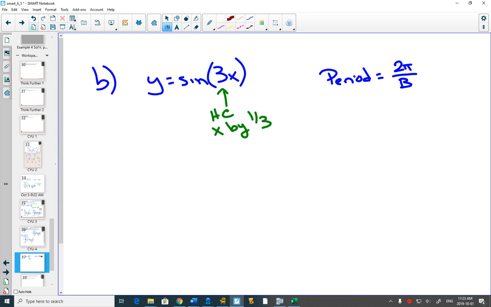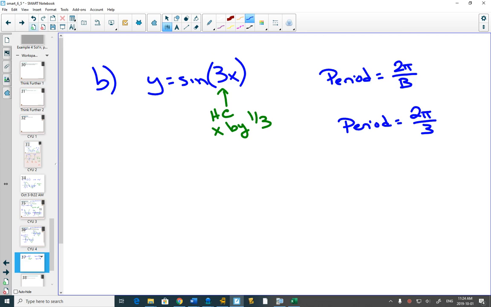Your x values are getting multiplied by 1/3. If your period was 2 pi and you multiplied it by 1/3, your period would become 2 pi over 3, which is exactly 2 pi divided by your b value.